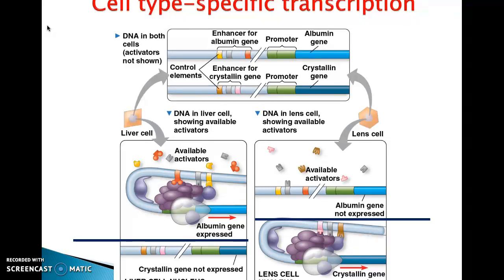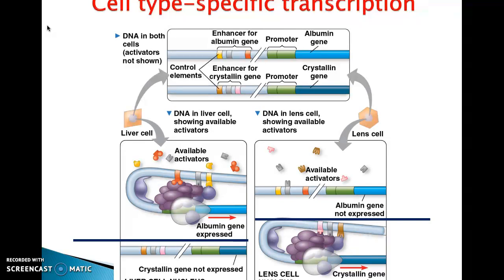So the reason, again, has to do with the enhancer region and specifically the control elements and those transcription factors or activators that are going to bind. So let's compare.